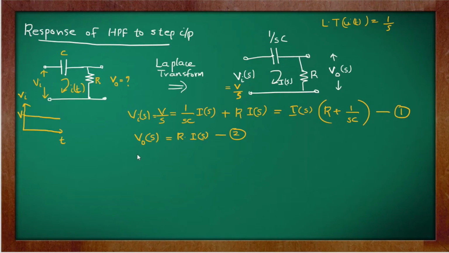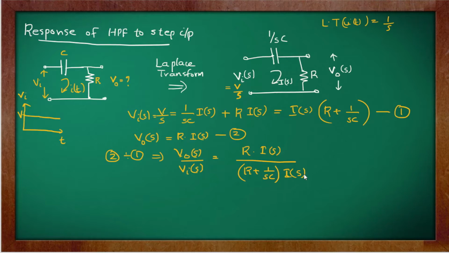Now let us take the ratio, dividing equation number 2 by equation number 1. You will get V naught of s divided by Vi of s is equal to R into I of s divided by R plus 1 by SC into I of s.